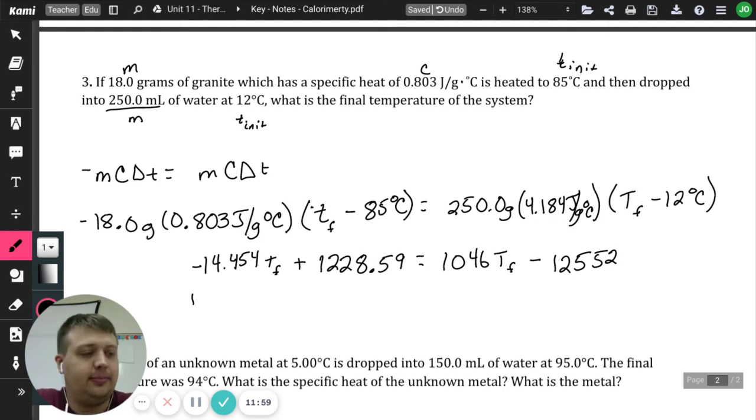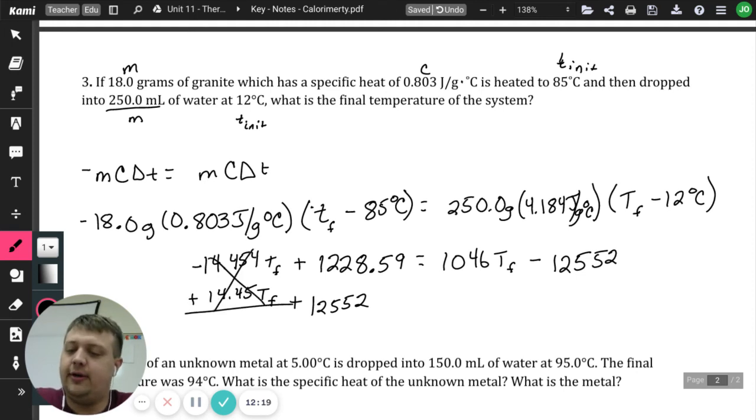So I'm going to take plus 14.454 TF on this side, and then plus on this side, we're going to bring this other side across, so 12,552. And that's going to cancel this out.